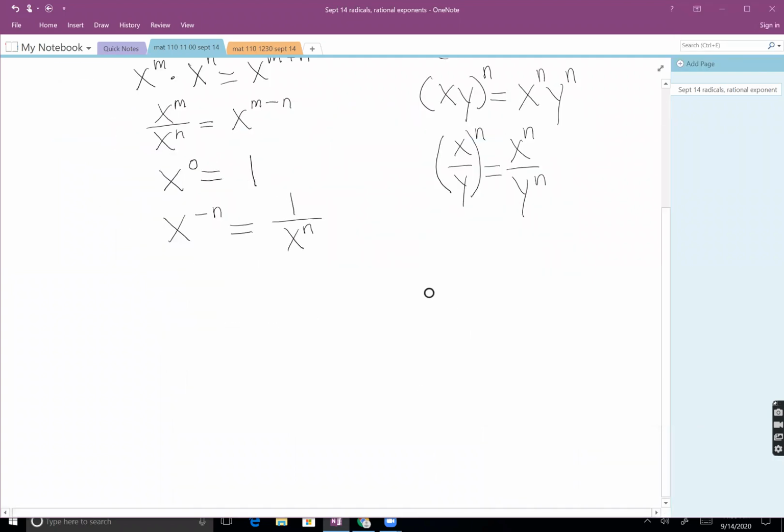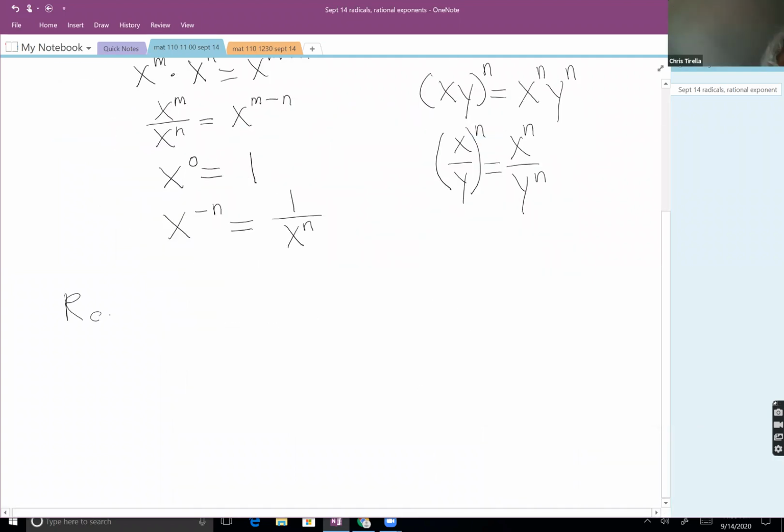Then we ended up last class talking about radicals. And we had said if I have something like the square root of 49 written like that, it is 7 because 7 squared is 49. Technically, there are two roots, positive and negative.